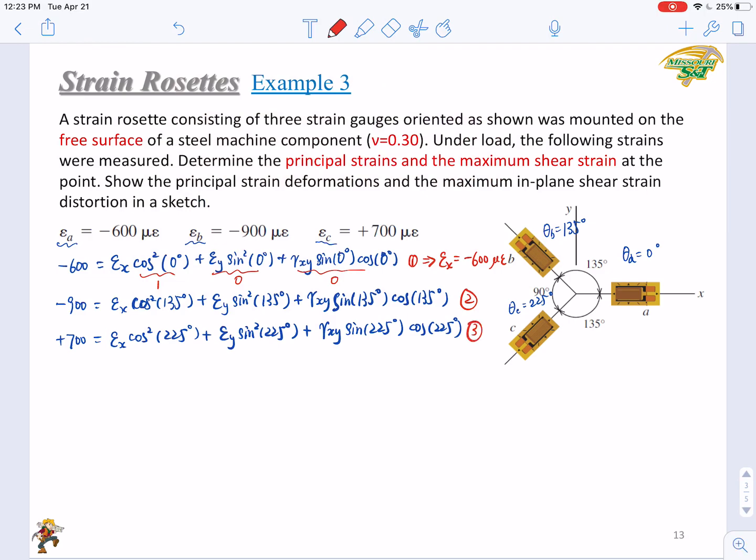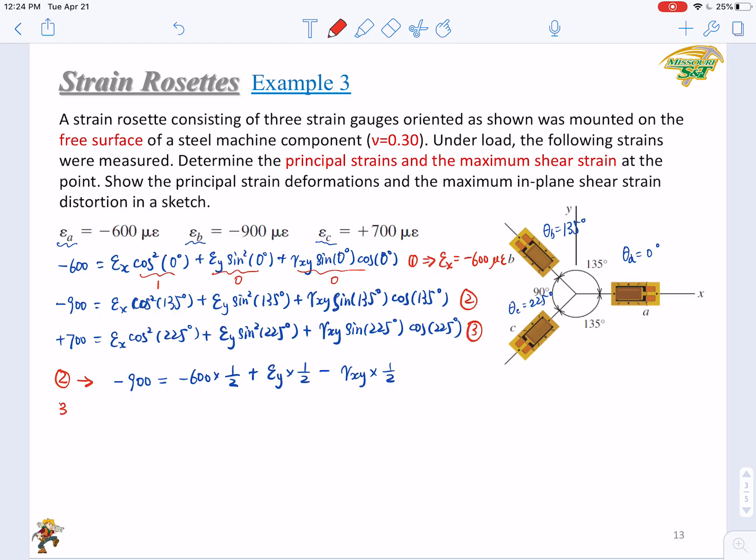Equation 1 has been solved. From equation 2, you will get negative 900 equals, since epsilon x has been solved, I will directly use it, negative 600 times 1/2, plus epsilon y times 1/2, minus gamma xy times 1/2.